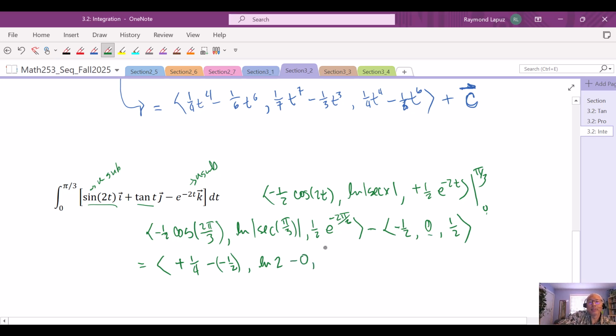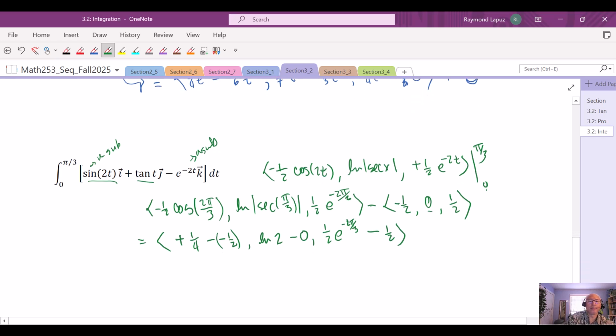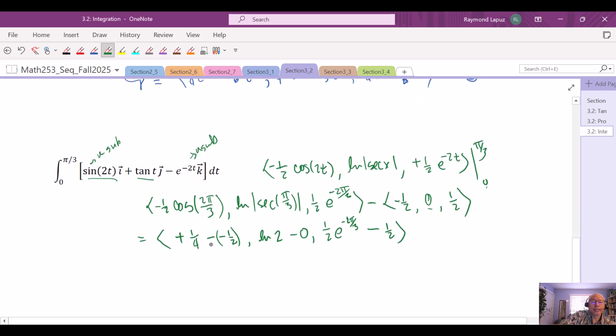And then we have something that we can't really simplify anymore. So e to the negative 2 pi over 3 is just going to be that multiplied by 1/2, and then we subtract 1/2. So that's it. This is going to be 1/2 plus 1/4.